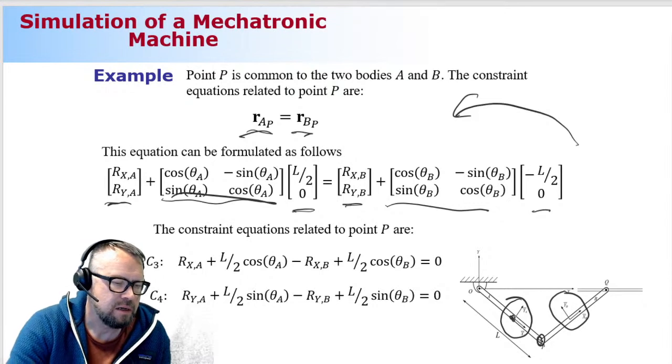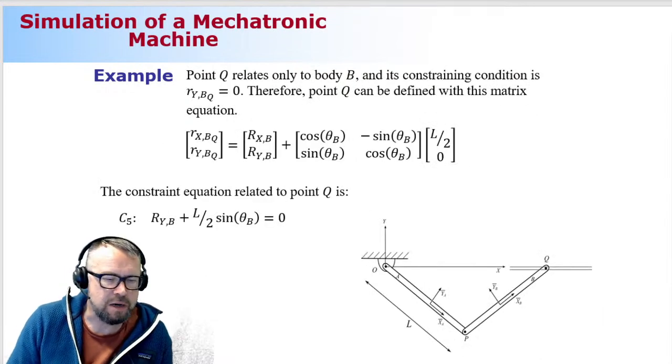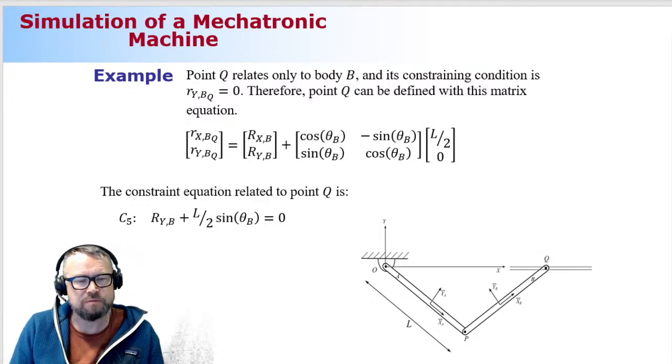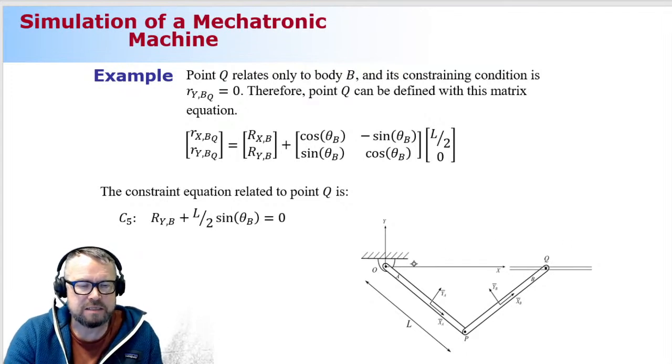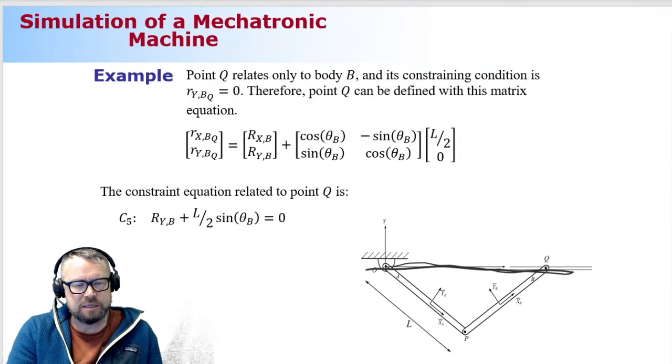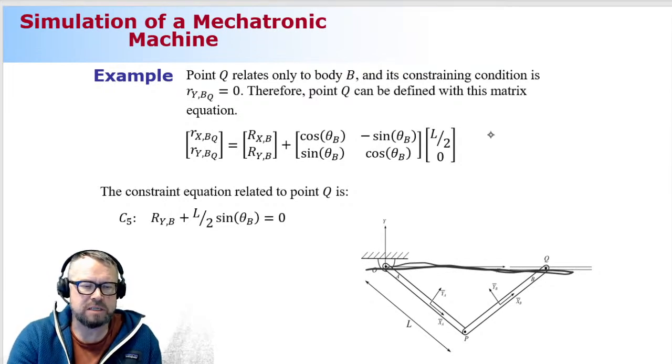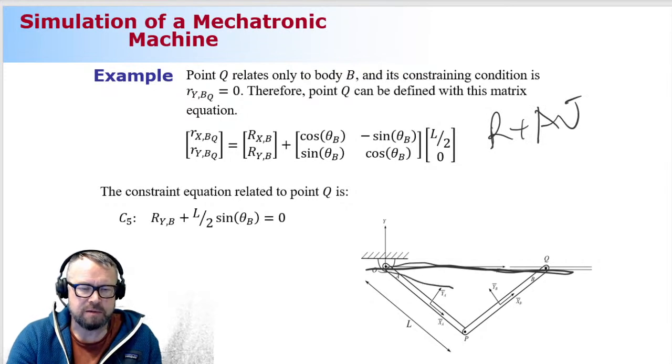All right. The final one is my prismatic joint. The prismatic joint is nicely aligned with the global x-axis. So again, I'm going to use this equation to take myself from here to where the prismatic joint is located.